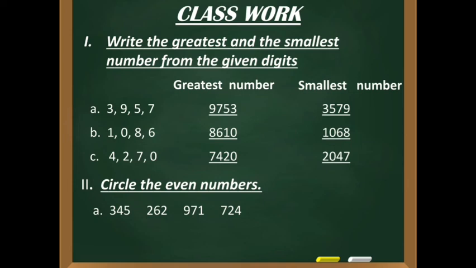No, it's not an even number. And 262, yes, 262 is an even number because it is having 2 in ones place. And 971, no, it's an odd number. 724 is an even number because it is having 4 in ones place.